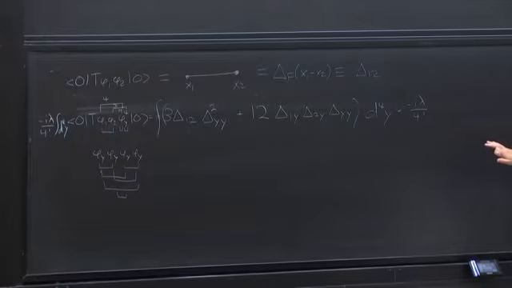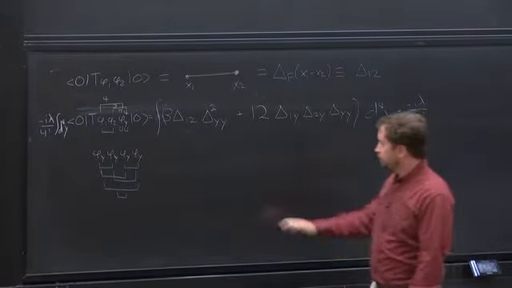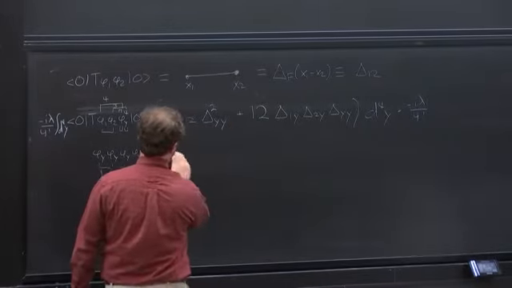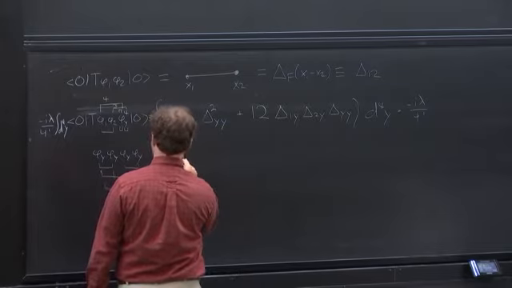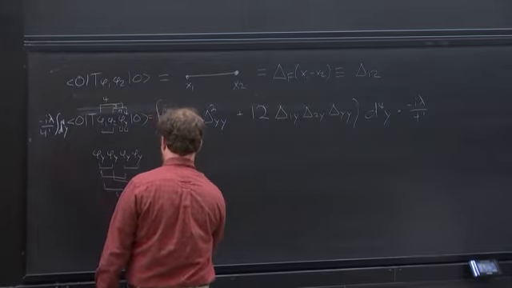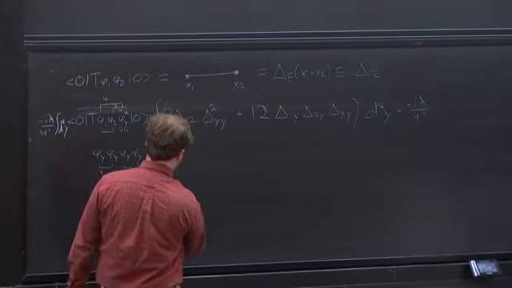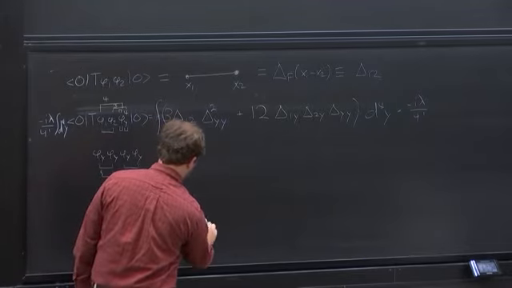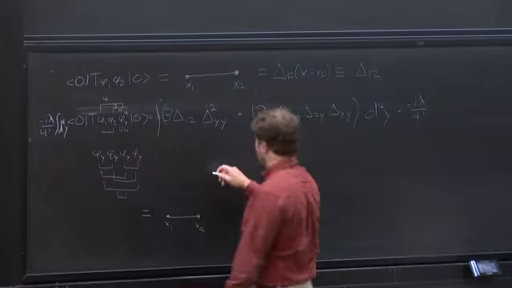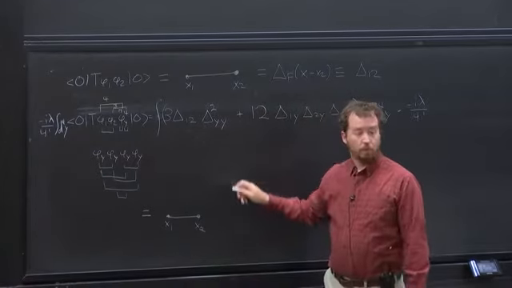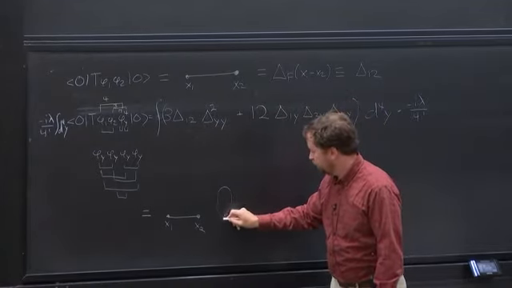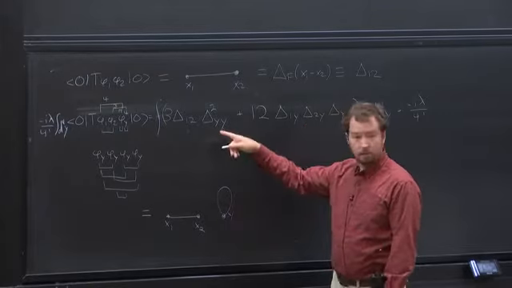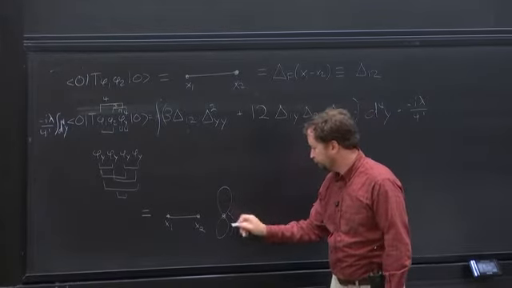So the next question is, how can we represent that using Feynman diagrams? Well, this term here has a propagator from x1 to x2. It also has a propagator from y to y, and another propagator from y to y.